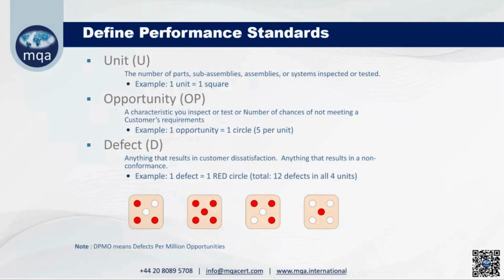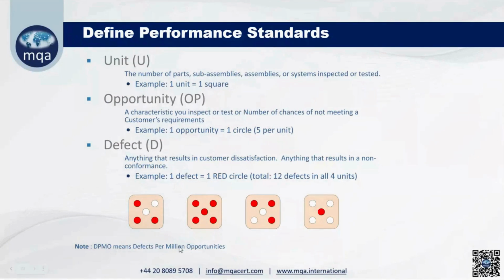The number of parts, sub-assemblies, assemblies or systems to be inspected or tested is the unit. So here we have 4 units: 4 parts. Now the second is the opportunity. We have red dots and white dots.